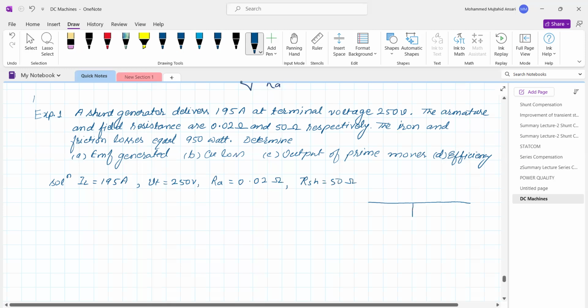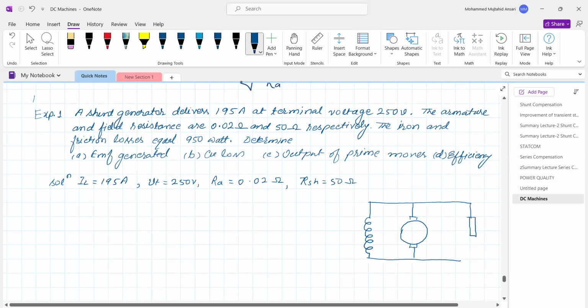So this is DC shunt generator. Shunt generator, field winding in parallel with the armature winding. And this is load.